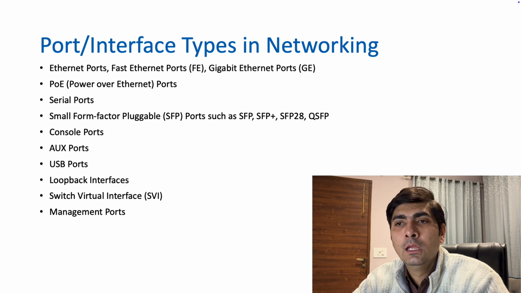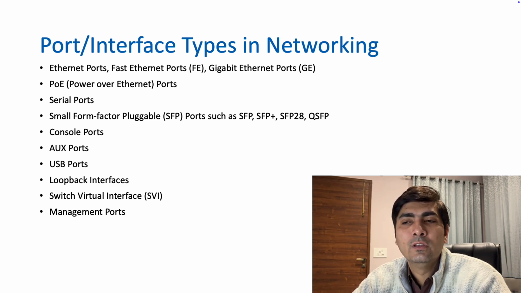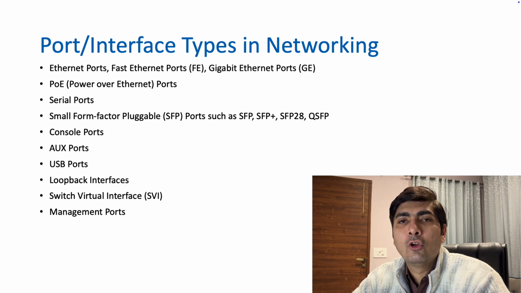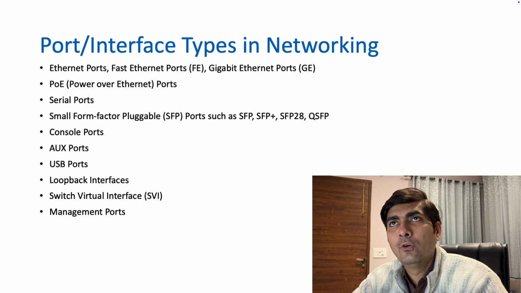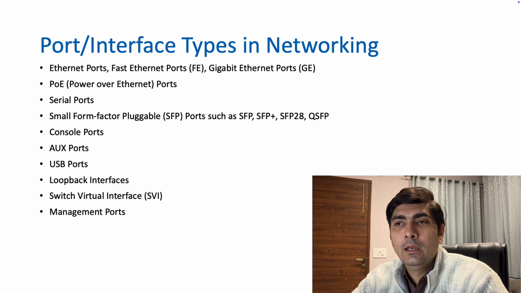Remember this. Then we have SVIs, switch virtual interfaces. It's a logical L3 interface which you create for a VLAN. Let's say your switch is capable of layer 3, meaning it is a multi-layer switch.